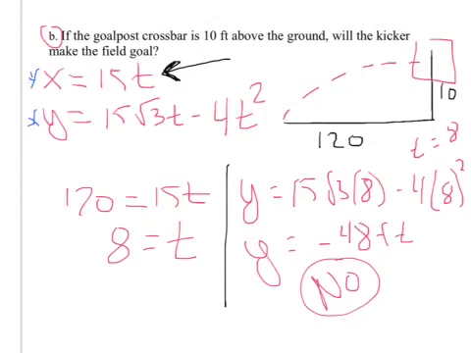I know that the goalpost is 120 feet away, so I plug that into my x equation, and I know that it takes 8 seconds for it to travel 120 feet. If I take that time and plug it into t for my y equation, I know how high the ball is going to be after 8 seconds, and that's where the crossbar is. We compare the number to the 10 feet, and if we're lower, then it doesn't go over. If we're higher, then absolutely, the field goal is good, and he's hit the ball over 10 feet.